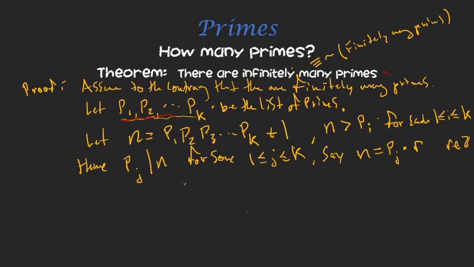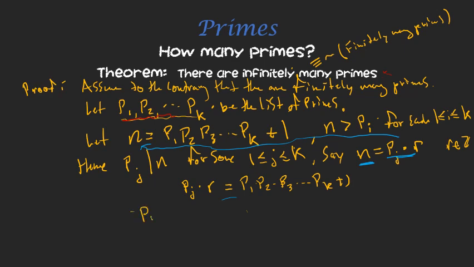So what we have now is p_j times r is p1 times p2 times p3 up through pk plus 1. If you missed that, I'm taking n, which is equal to this, and subbing it in for n and writing that equation again down here. Now I'm going to subtract this big product of primes over.